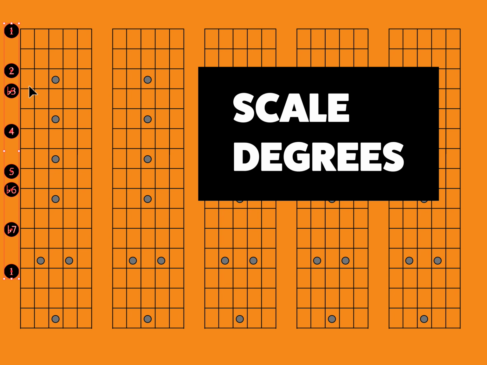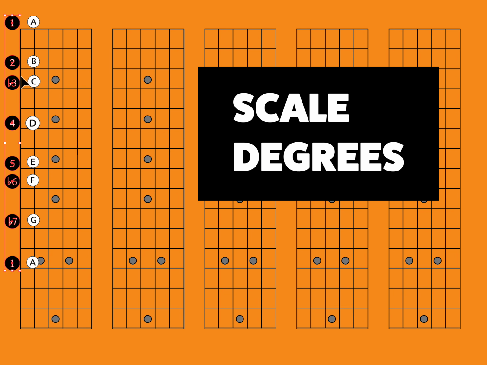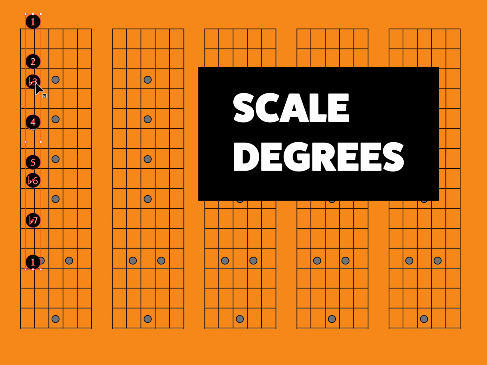And that formula is 1, 2, flatted 3, 4, 5, flatted 6, flatted 7, 1. So in a minor key, the minor key that has all natural notes is A minor. But when we call A the 1, we no longer have the half step between the 3 and the 4, so we have to use what's called the flatted 3. Bring this to the front here.